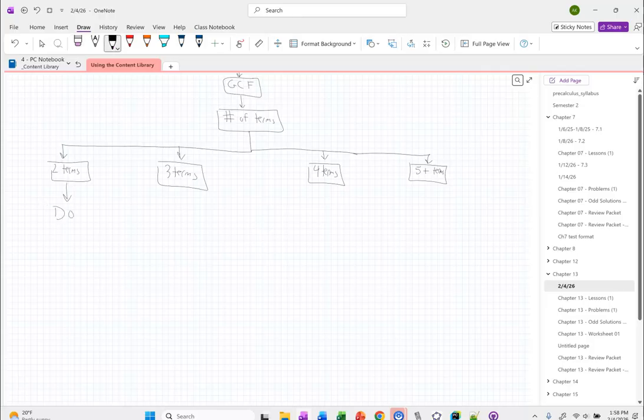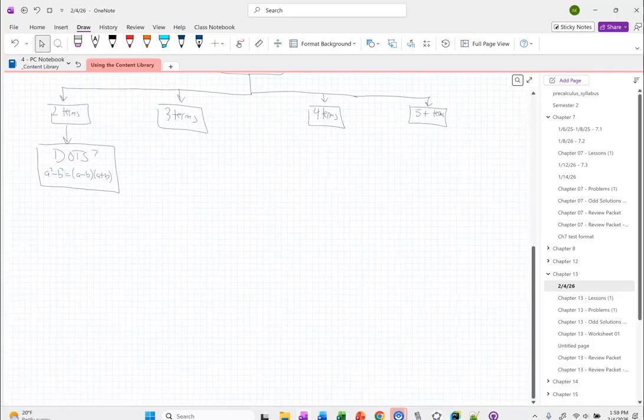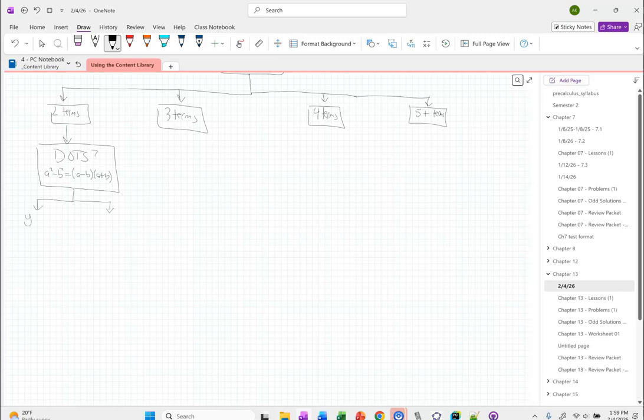So the next thing we're going to look for is a difference of 2 squares. If there is a difference of 2 squares, we factor it.